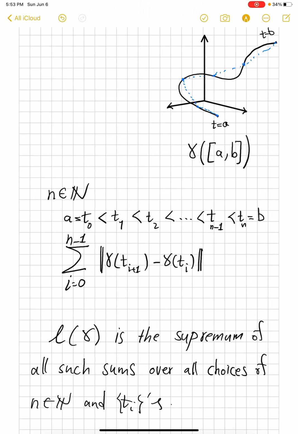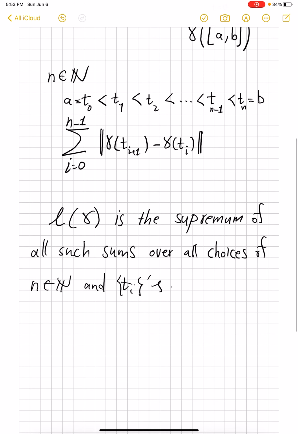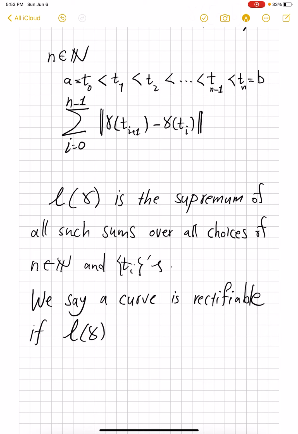So that's a huge collection of possibilities, but thanks to the magic of real numbers, the supremum is always defined. We say a curve is rectifiable, a fancy name for saying it's of finite length, if this length you get is actually finite.